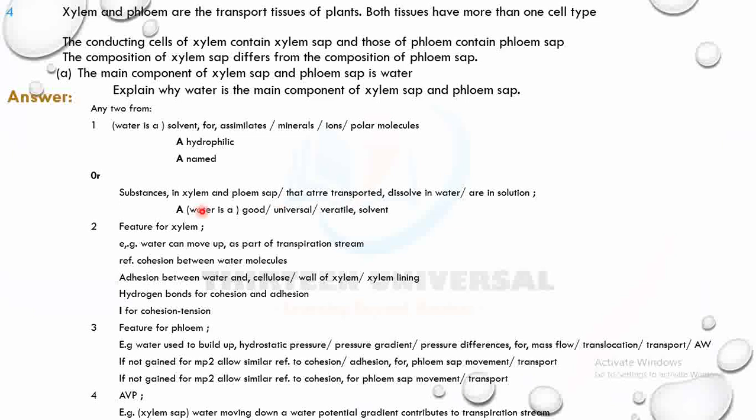But look at the features of xylem: water can move up as part of transpiration, with cohesion between water molecules, adhesion, and hydrogen bonds. Features of phloem: water is used to build up a hydrostatic pressure gradient. This is what water does. So that is it, guys.